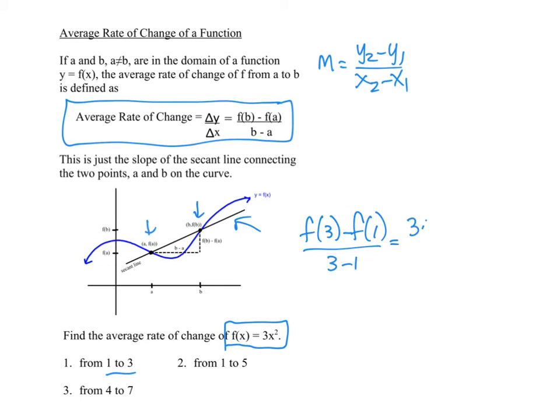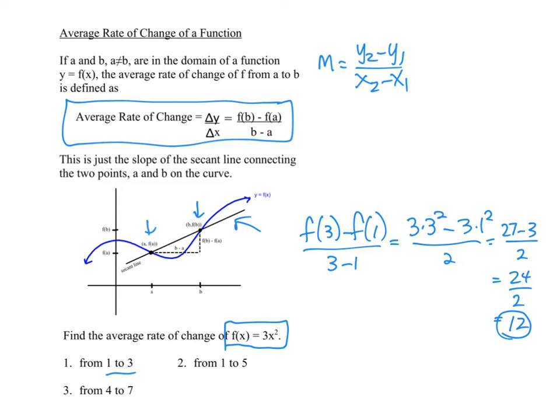So 3 times 3 squared minus 3 times 1 squared. I'm just using the function and plugging in the x value over 2, which is 3 times 9 or 27, minus 3 times 1, which is 3, divided by 2, and I end up with 24 divided by 2, and I get an average rate of change of 12.